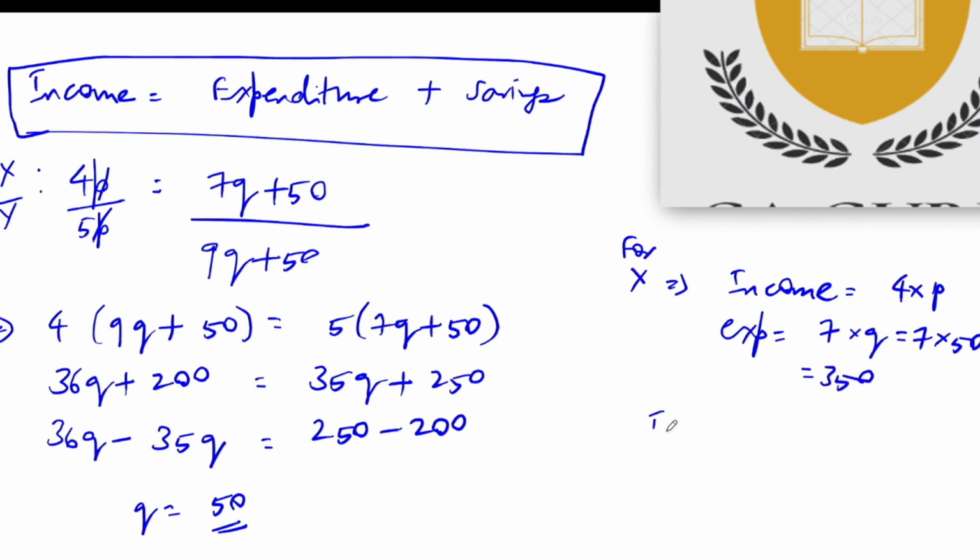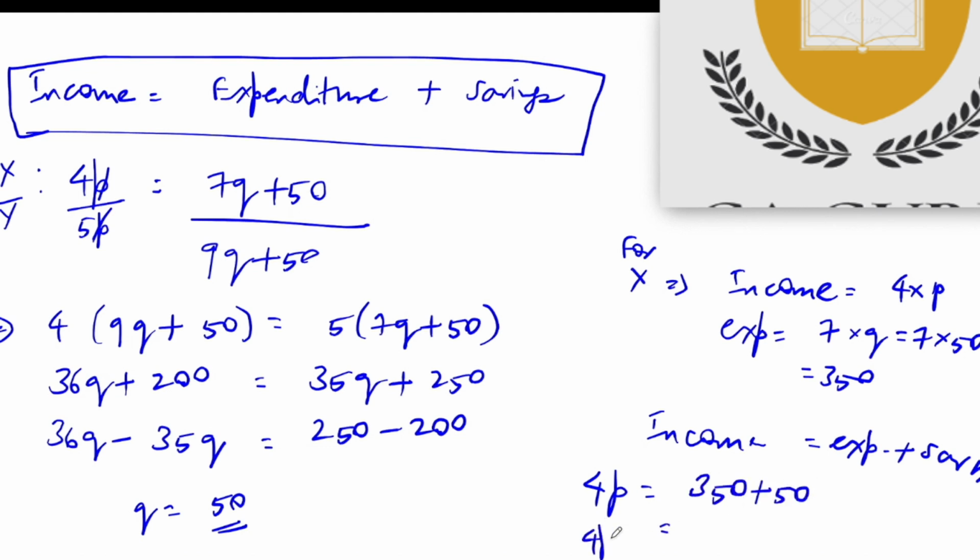So income is equal to expense plus savings. 4P is equal to 350 plus 50. 4P is equal to 400. Therefore, P is equal to 400 by 4, which is 100. We have now found the value of P and Q. P is 100, Q is 50.